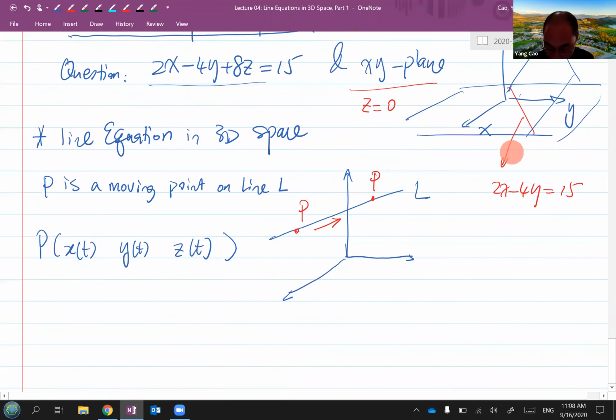So now the question becomes: what does X of T equal? What about Y of T? What about Z of T?